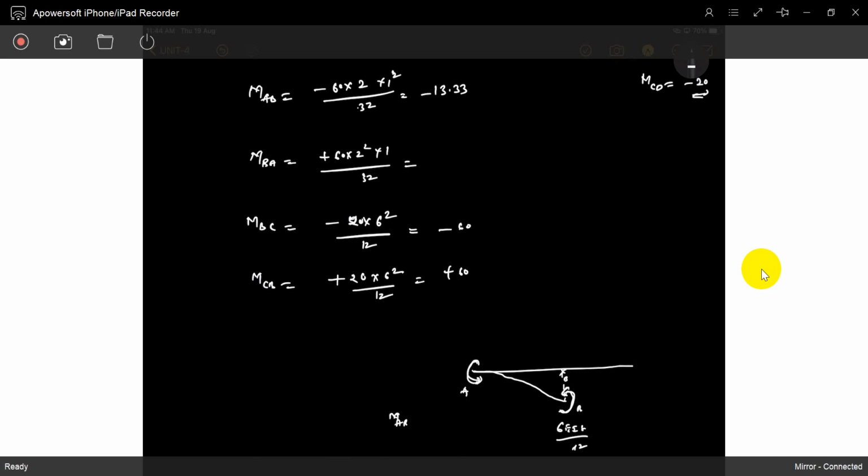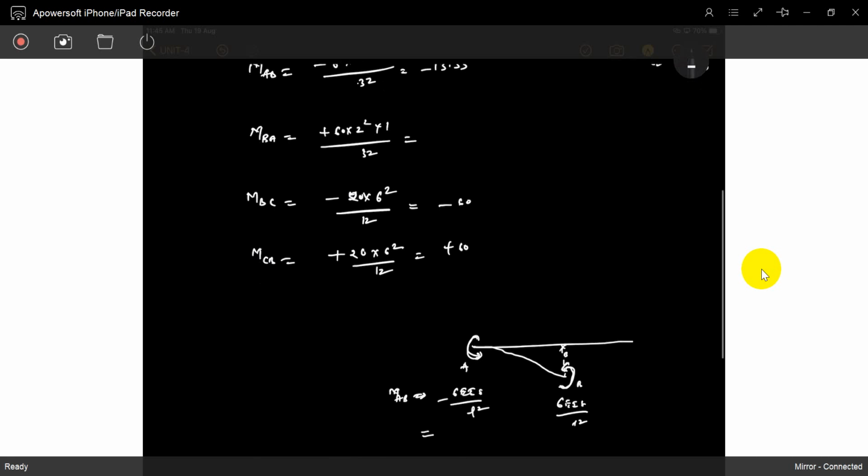So MAB extra is 6EI delta by L squared, anti-clockwise so negative, and MBA also the same. If the support B sinks by 9 mm, extra moments develop, not only fixed end moments.